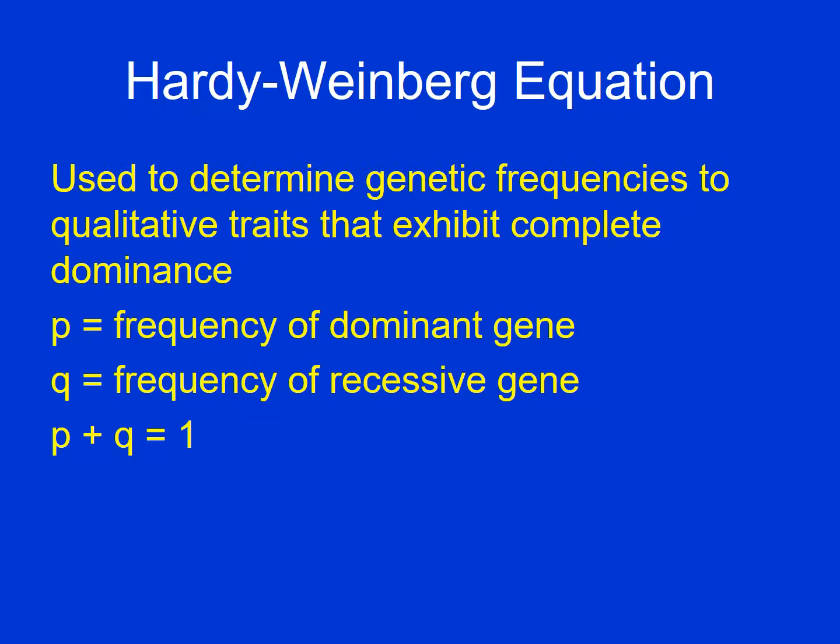So the Hardy-Weinberg equation makes a couple of assumptions. One assumption is that we have two alleles at the loci. One allele is completely dominant over the other. For the Hardy-Weinberg equation to work, it's best to have a relatively large population, 100 animals or more.